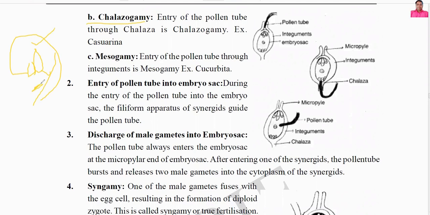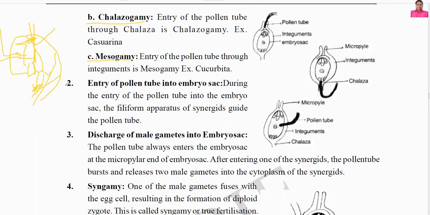In porogamy, the pollen tube enters the micropylar region. In the second type, the pollen tube enters through the chalaza. And the third one is mesogamy, where the pollen tube enters through the integuments of the ovule.